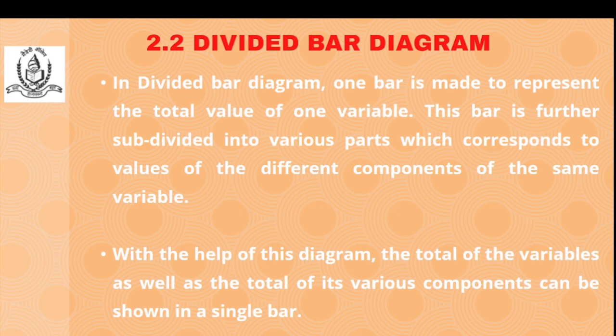Again I'm emphasizing that one bar is used to represent a single variable, and this bar is further divided into various smaller parts, with each smaller part representing a different component of the same variable. So with the help of this diagram, we are able to represent the total of the variables and also the various components of each variable with the help of a single bar.